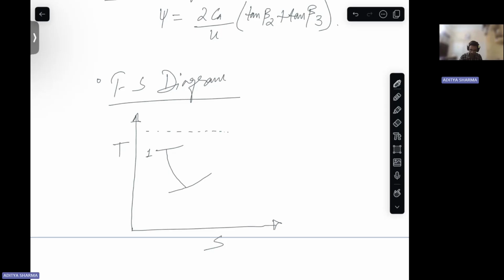So this is the static part. This is the nozzle. What is happening? Your static temperature is decreasing, right? So if you draw a straight line, you get the total temperature, and corresponding to that you have your total pressure. This is related to your nozzle.